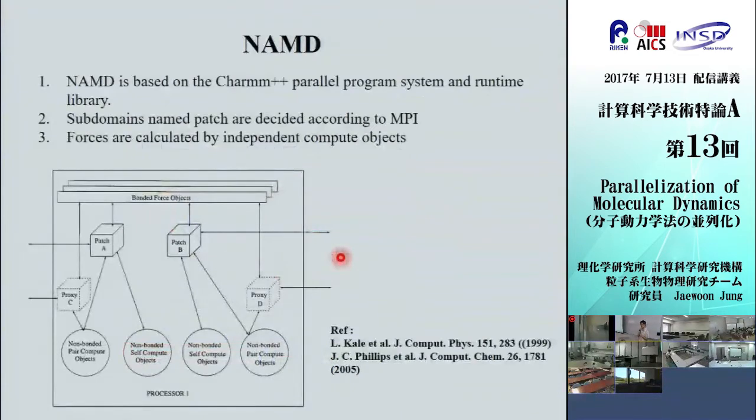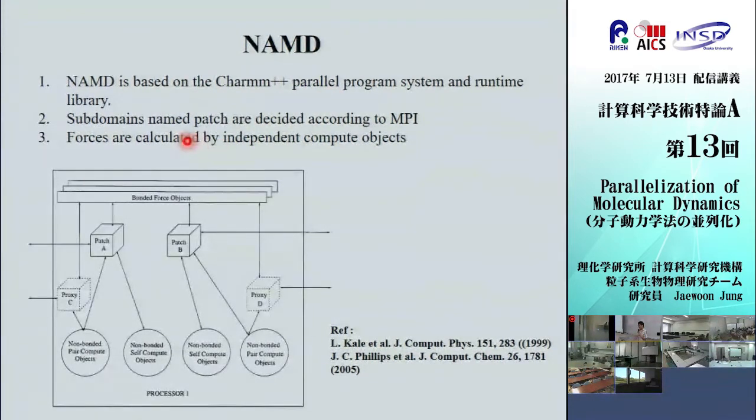Another popular MD software is named NAMD. NAMD is based on the CHARM++ parallel programming system and runtime library. In fact, CHARM++ is some kind of interface program, so CHARM++ does some scheduling of parallelization.